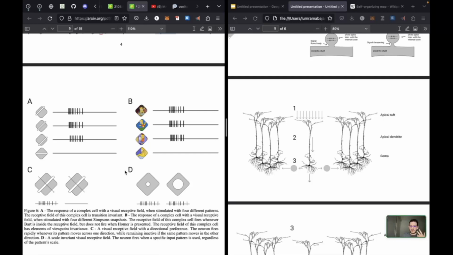Then there are also other types of representations where a neuron will fire whenever it sees a pattern move to one side of the receptive field, but it will not fire if the same pattern is moving in another direction within the receptive field. So here we also have some temporal aspects of specialization. And then, of course, we also have even more complex stuff like viewpoint invariance or luminance invariance, where a neuron will fire whenever you see Bart Simpson, but it will not fire when you see Homer Simpson, for example.